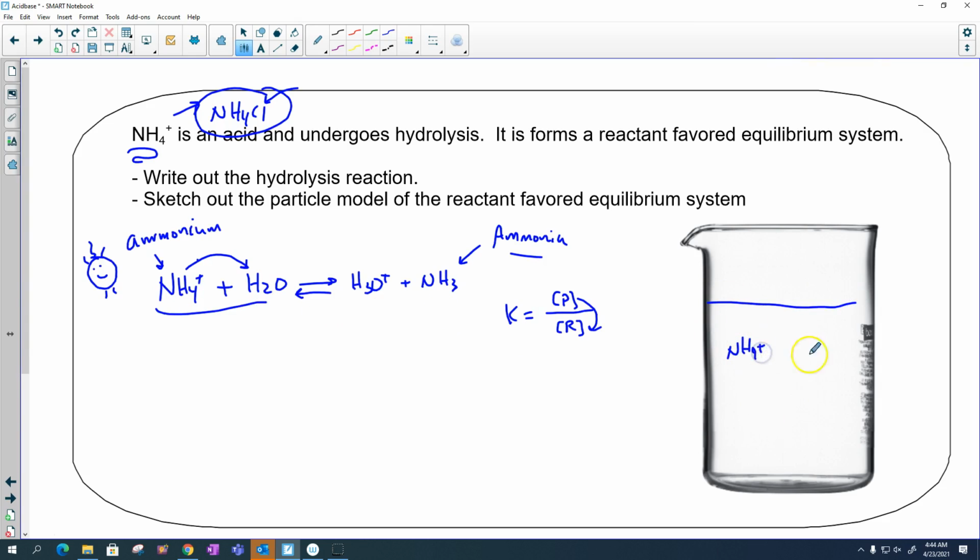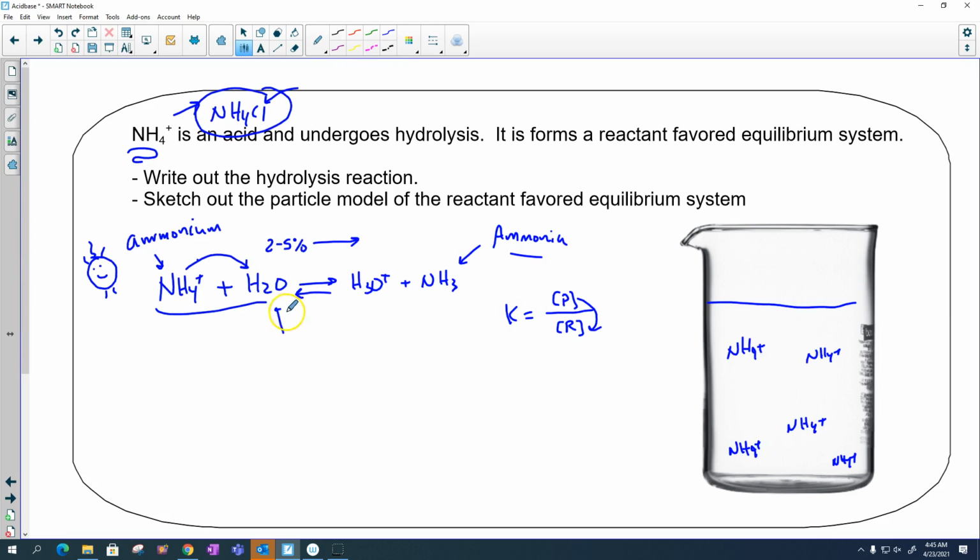NH4 plus. Now the whole thing is water, so I'm not going to draw any water molecules. NH4 plus, NH4 plus, NH4 plus. Now, in the real world, if you were to measure this, on average about 2 to 5% actually makes it over at equilibrium.